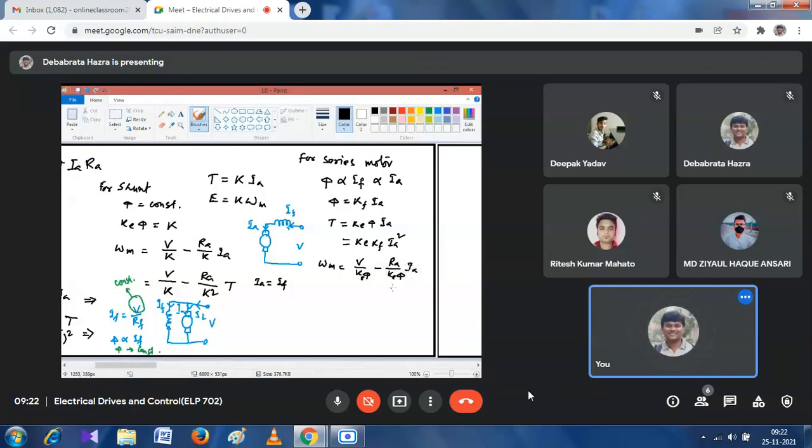So if we replace the value of phi by KF into IA, what should be the equation? This should be V by KE KF IA minus RA by KE KF.